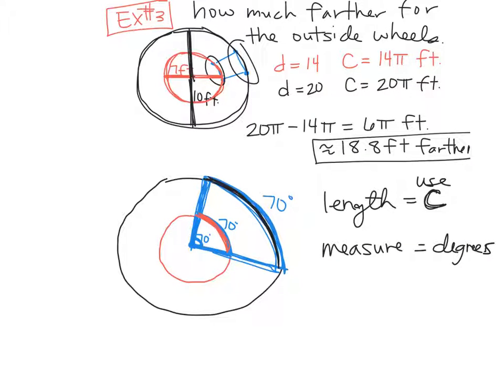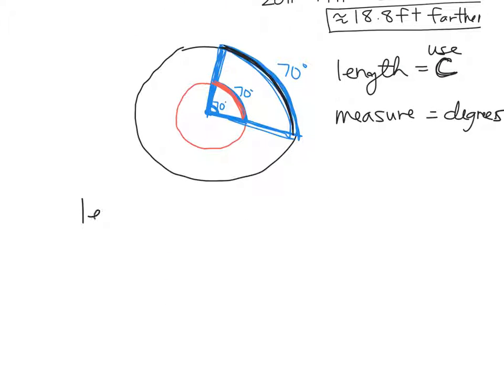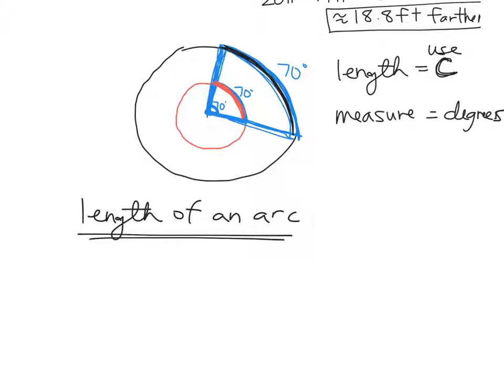Okay, so there is a formula for how we find the length of an arc. And it is this. You take the measure of the arc that you're using, we're going to call it AB.